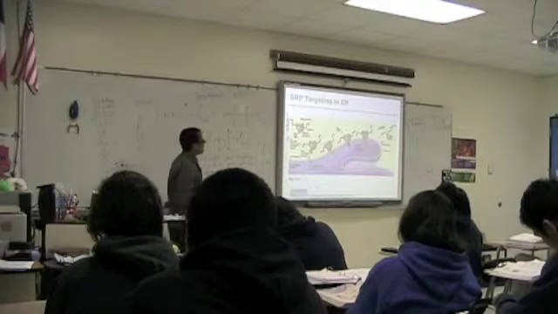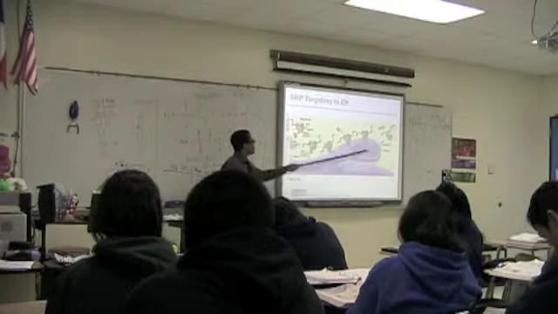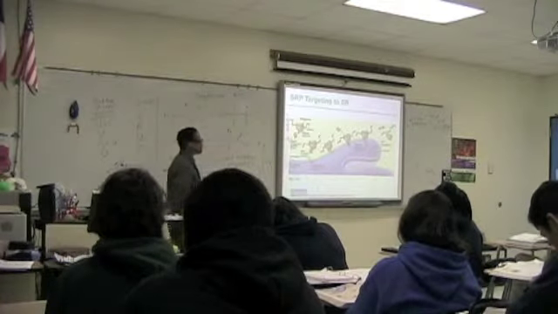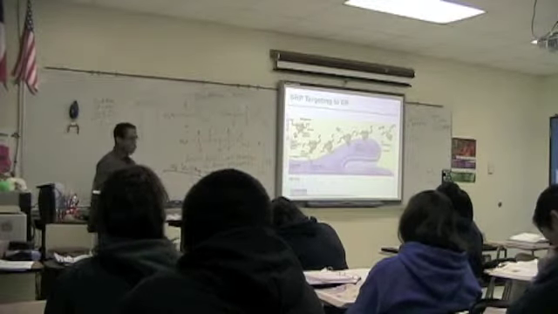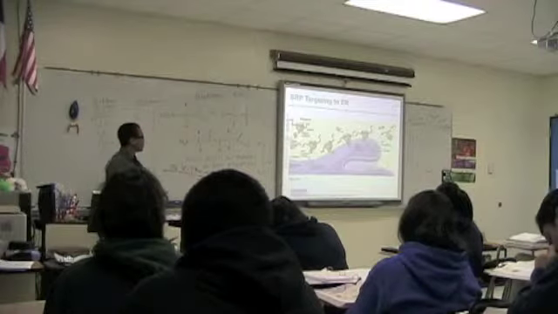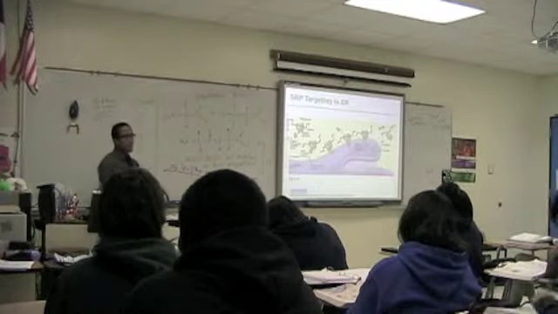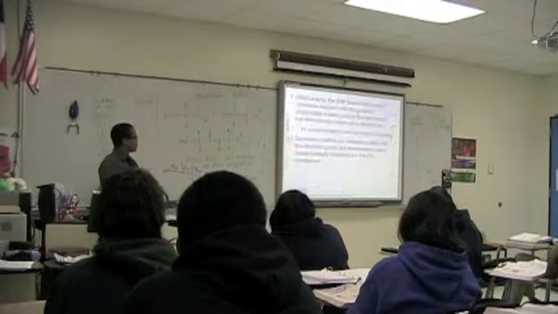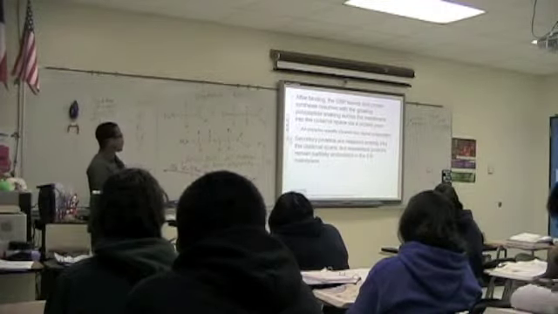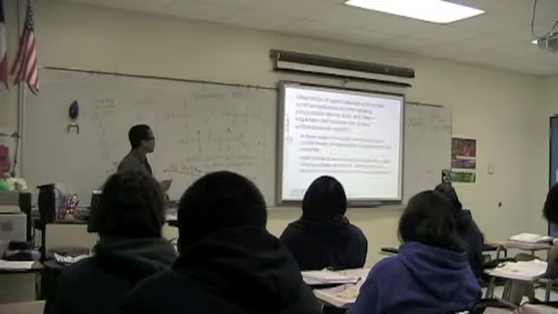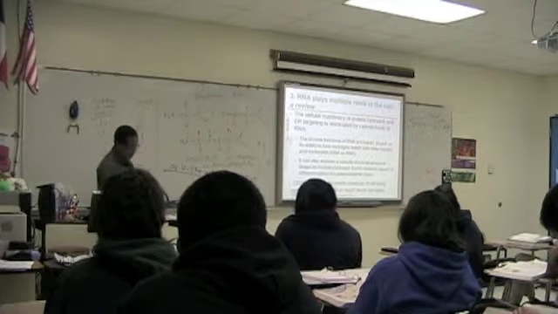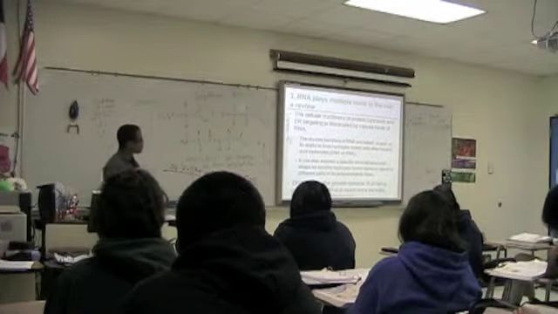Once that's done, everything else disassembles and floats away. So for the endoplasmic reticulum, you have SRP that brings it there. Other than that, the proteins are floating around the cytoplasm. You have other signals that help bring them to where they need to be.